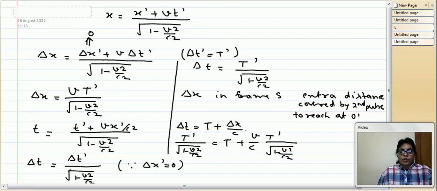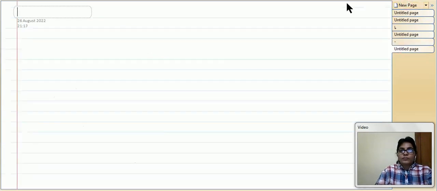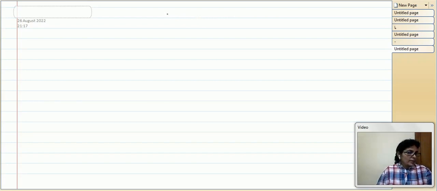So we will collect all the T dash on one side. So let us do it in the next page. We have to collect all the T dash on one side.